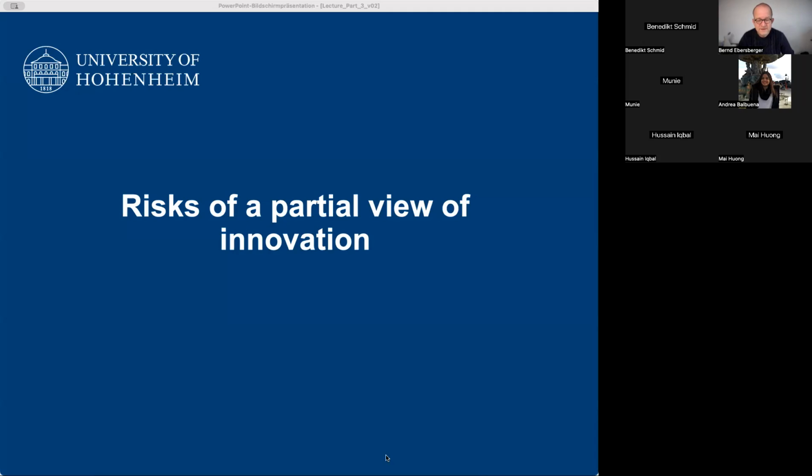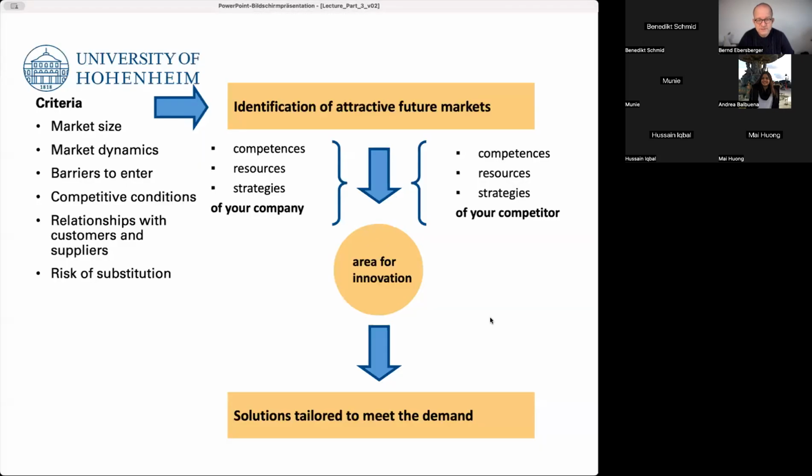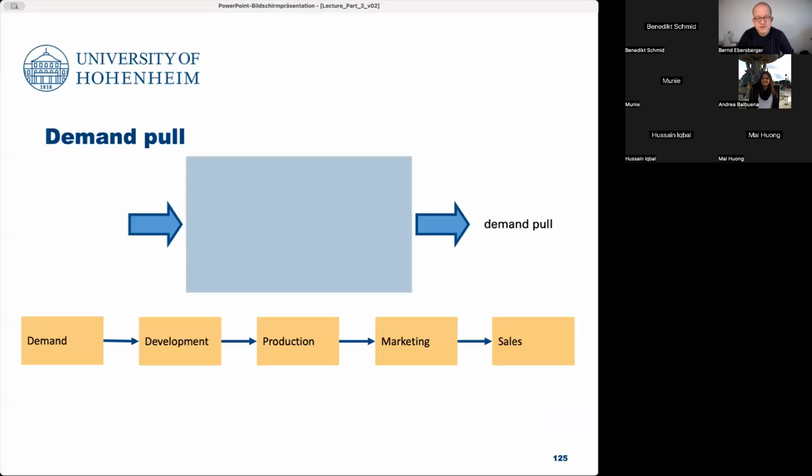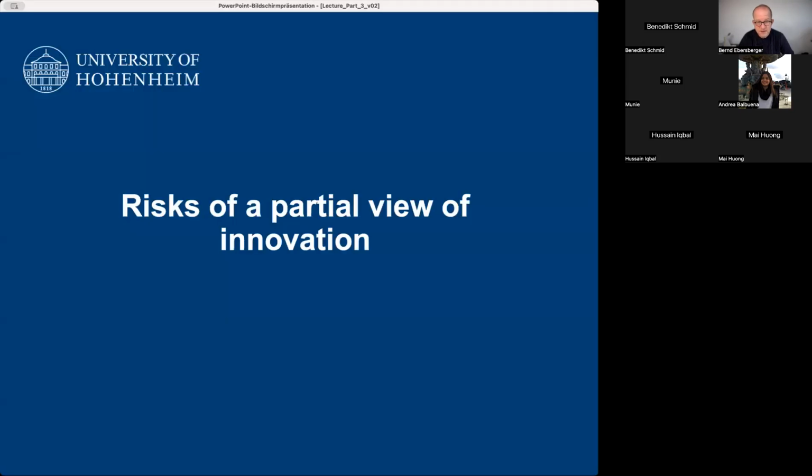All right. Now, what we did in the classroom last time, you certainly remember these two linear sequential ideas of an innovation process, which we called the demand pull or the technology push.